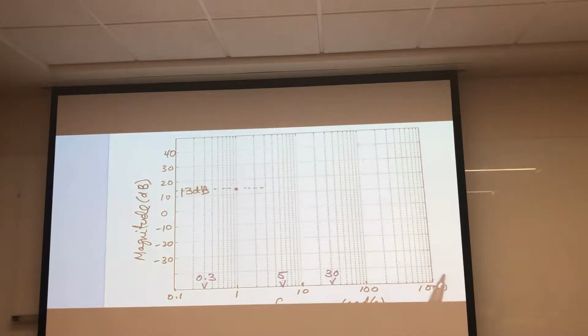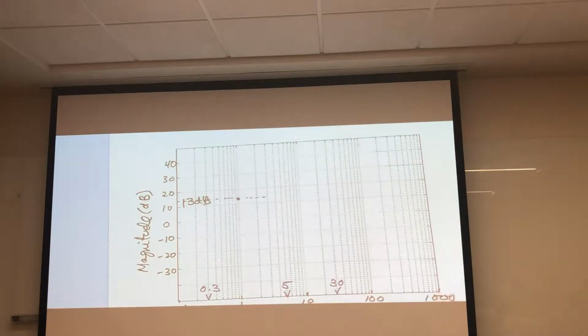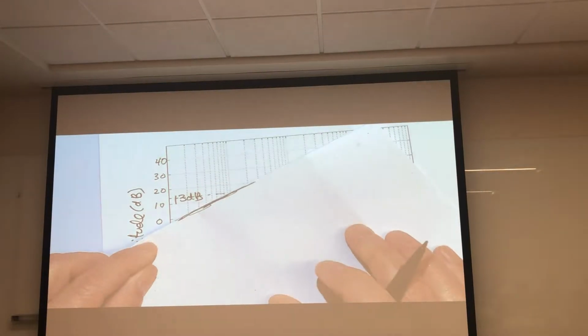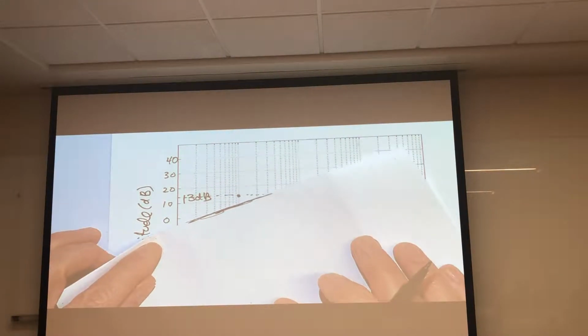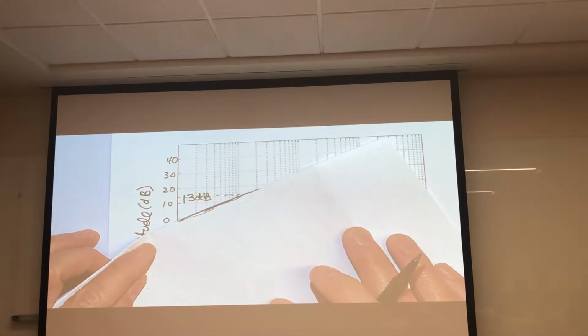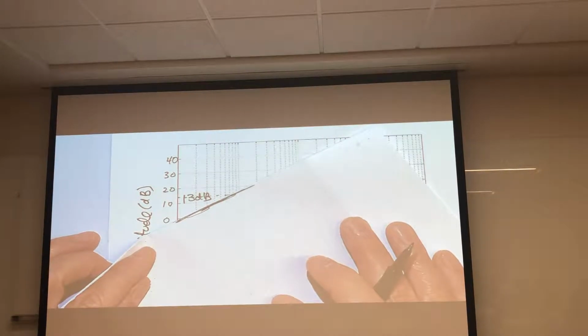So we need to have a slope that looks something like this, but it needs to go through that dot.